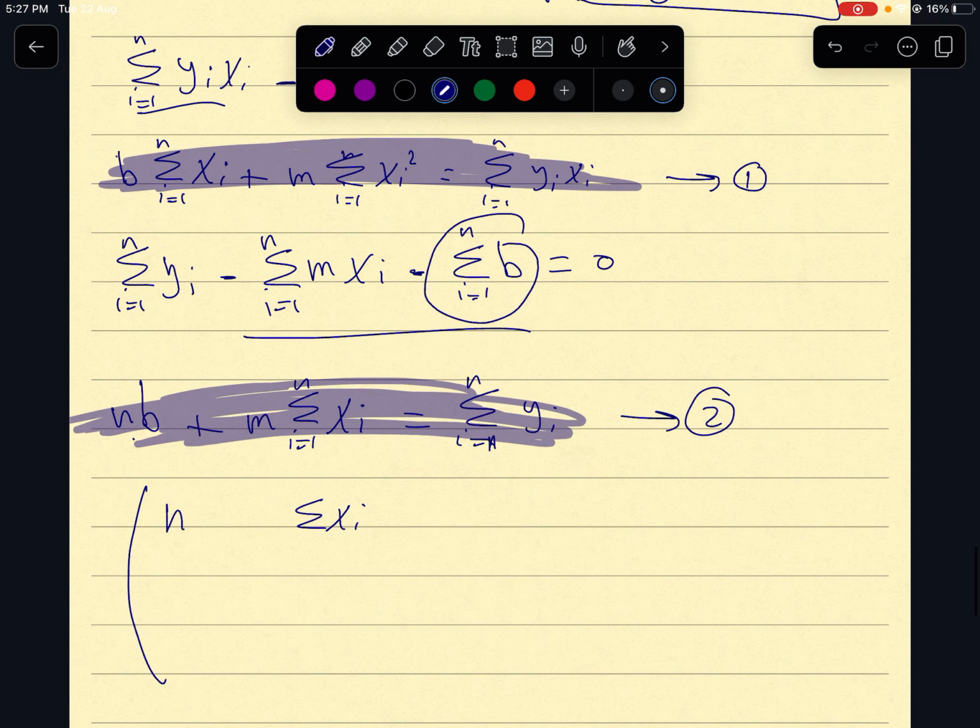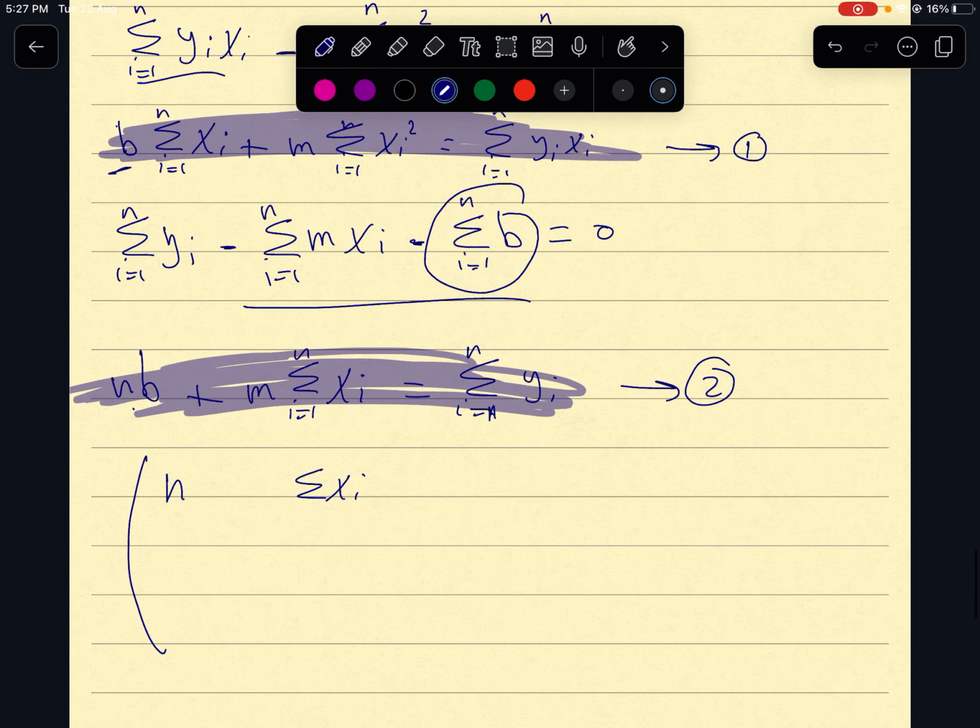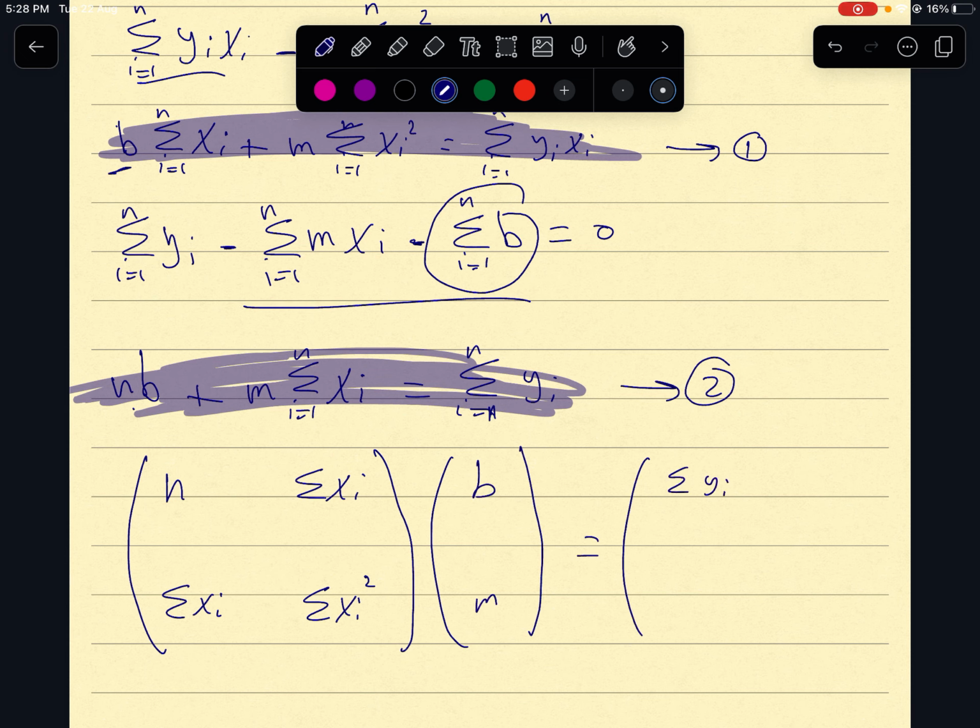I can write the second equation, sum of xi and sum of xi squared, times b and m, equals sum of yi and sum of yi xi.